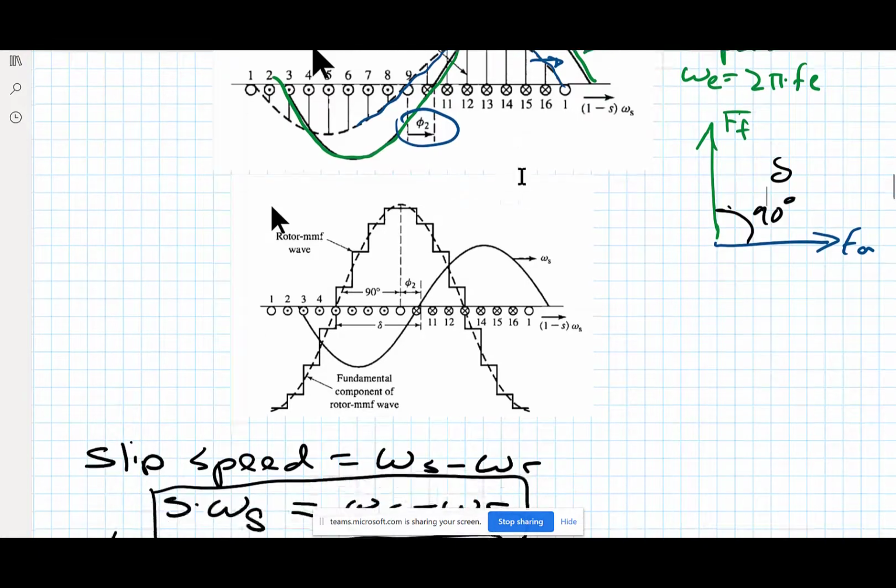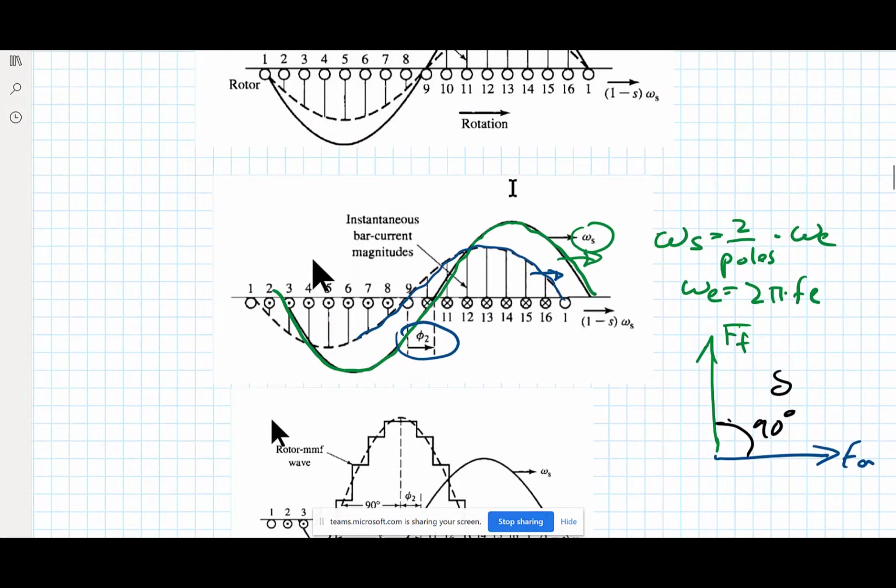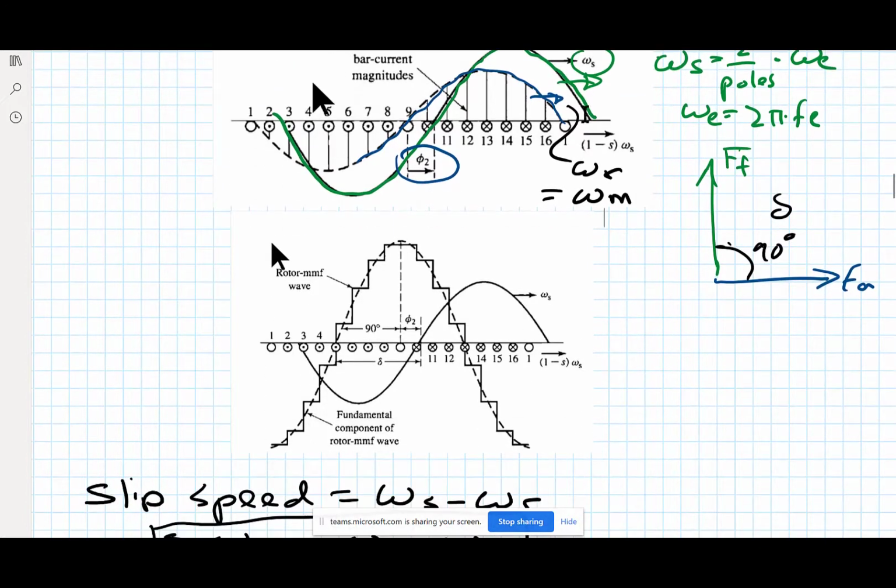And so the blue is the MMF of the rotor. It's going at a different speed. The speed of that is the rotor speed, the same as the mechanical speed that we talked about with the DC machine. So rotor speed, mechanical speed, they're the same thing. It's the rotor flux speed or mechanical shaft speed.